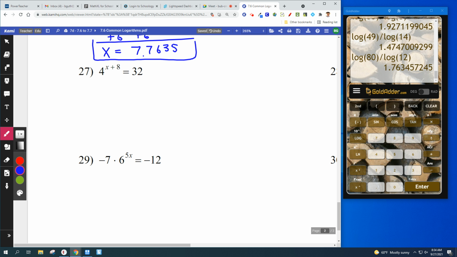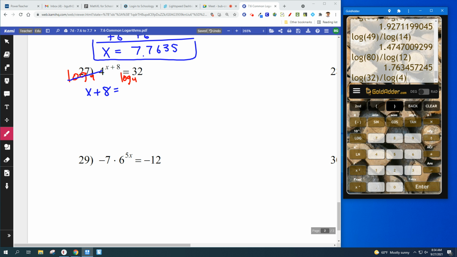27. We need to get rid of that base 4. Going to do a log base 4. I think we already did log base 4 of 32 on the other side. Does anybody remember what that was? Log 32 over log 4.